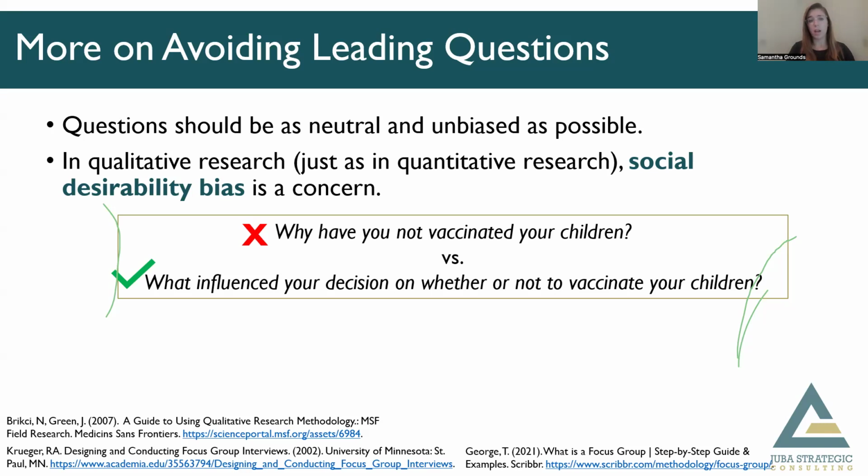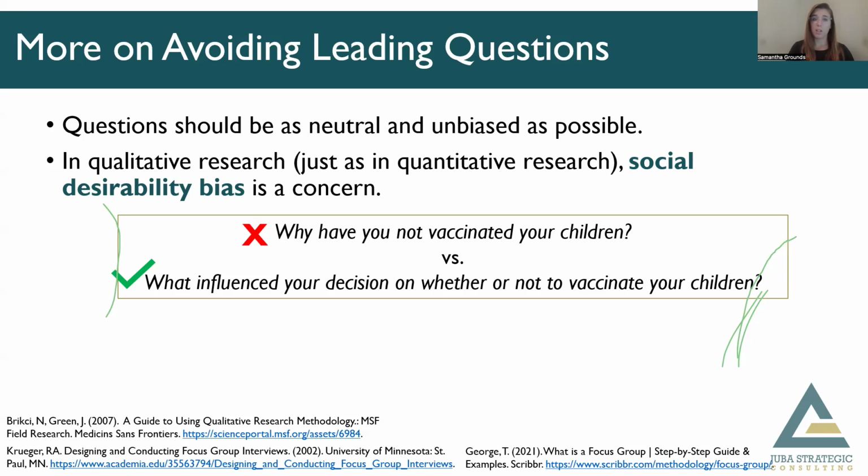Your follow-up question might be, why have you not vaccinated your children? But the concern with this phrasing is that it might come across as judgmental, as though implying, oh, the mother should have and she didn't. It's a bit of a leading question that might result in some social desirability bias.